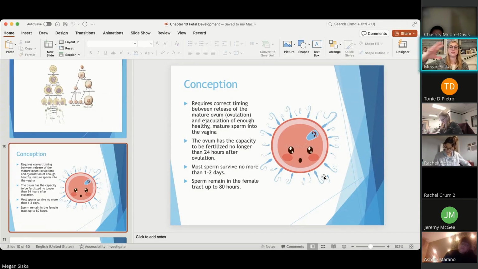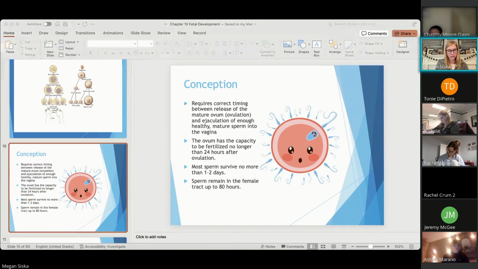The sperm needs to be within the female reproductive tract, like in the fallopian tubes. The ovum has the capacity to be fertilized for about 24 hours after ovulation, whereas sperm can live up to 80 hours, but most survive about 1 to 2 days. That's why if you are trying to conceive, it's good to have intercourse in your fertile window, since you don't know the exact time that you are going to ovulate.